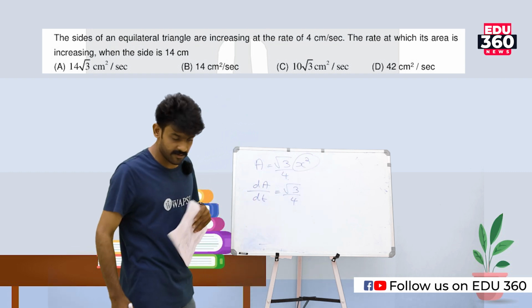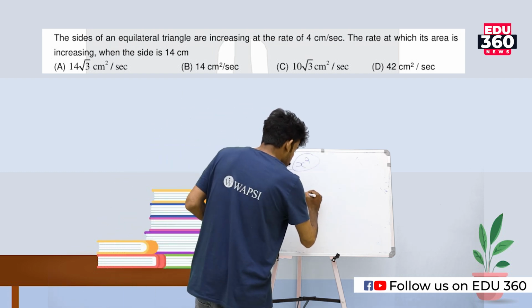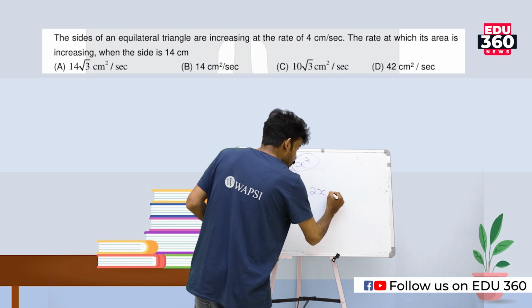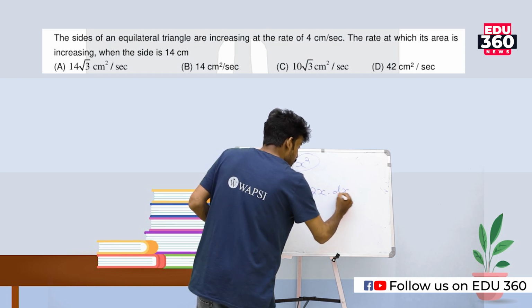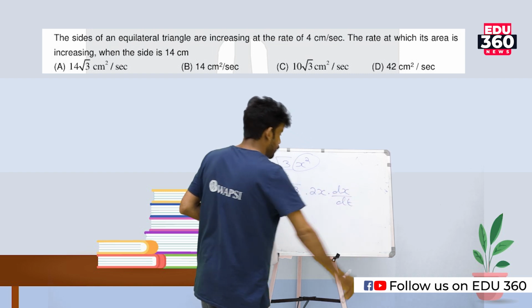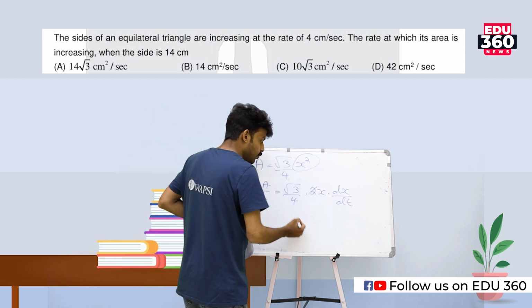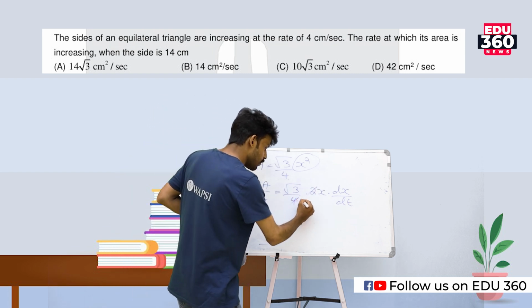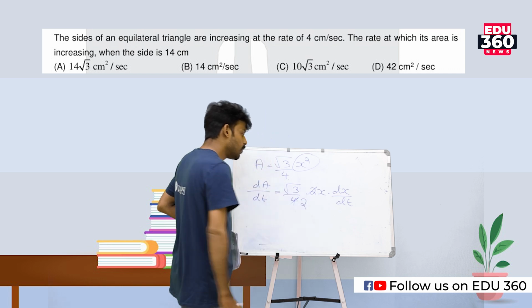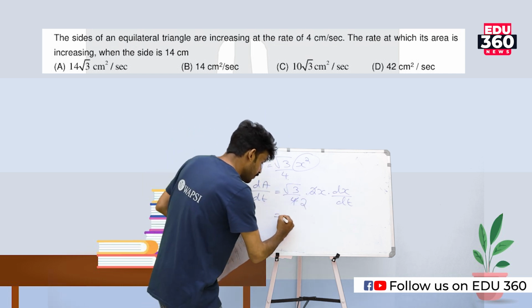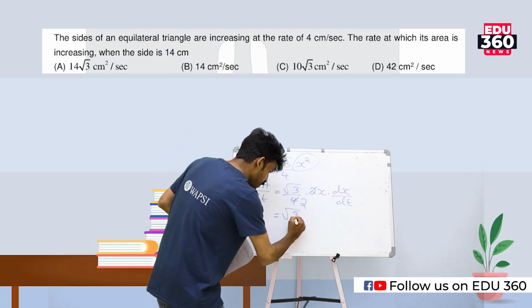That is 2x, into dx by dt. So hereafter, look at here: 2 is here, 4 is here. So on the denominator, it will become 2. Okay, so let me write the steps here. That is equal to root 3 by 2.